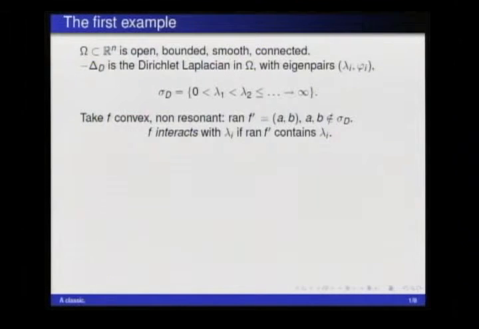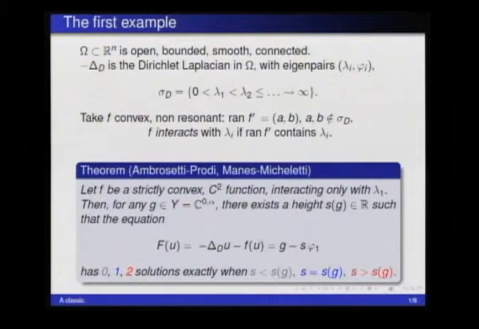We want A and B to stay strictly, to swallow lambda 1. And that's the classic Ambrosetti-Prodi theorem, right, with the reinforcement provided by Manes and Micheletti, right?